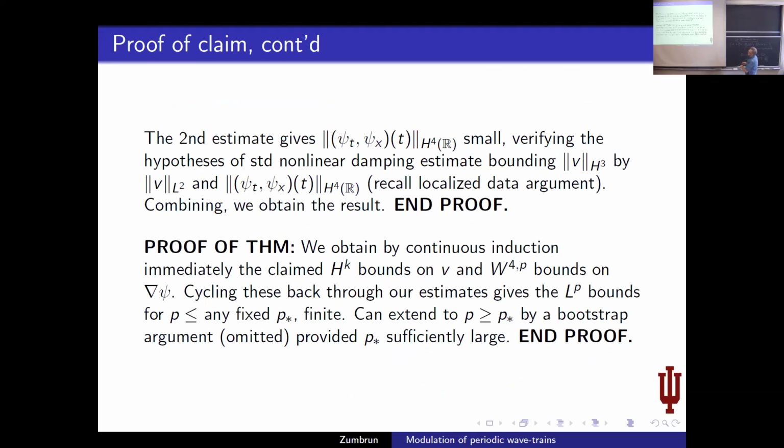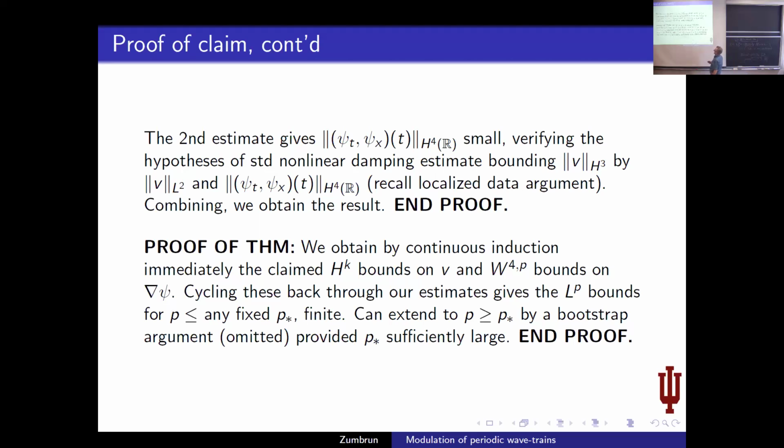Now that gives enough to carry out a nonlinear damping estimate for V, controlling the H3 norm of V by the L2 norm of V plus the H4 norm of psi X. And that gives finally the desired HK decay rate for V. Okay, if we cycle these, now that we have something, we can cycle it back through our estimates and we get the LP bounds that we claimed.